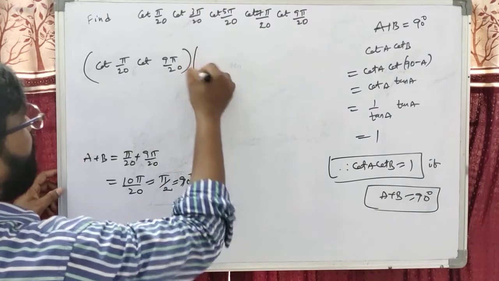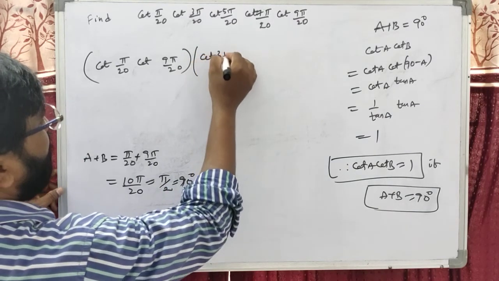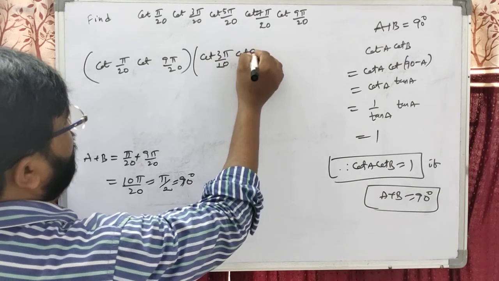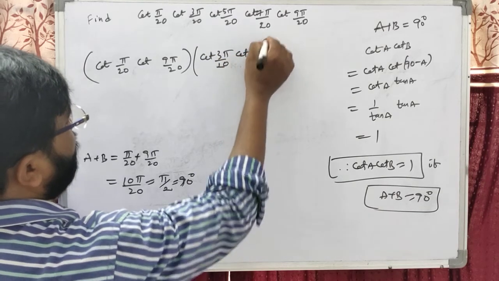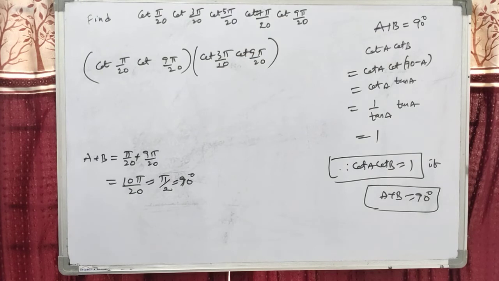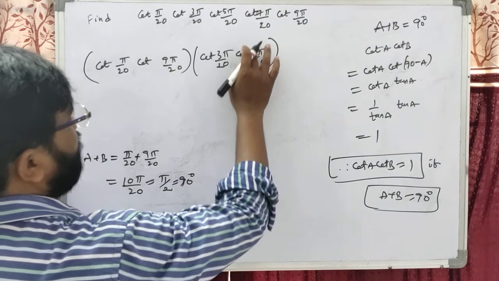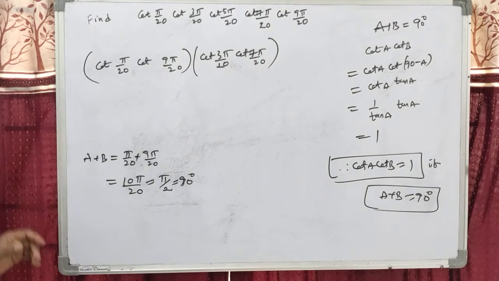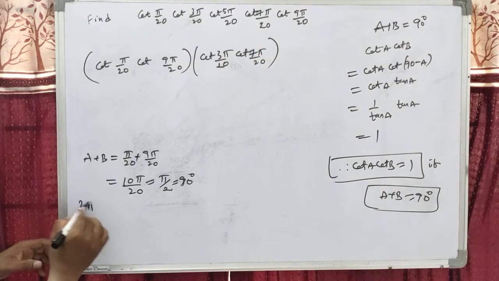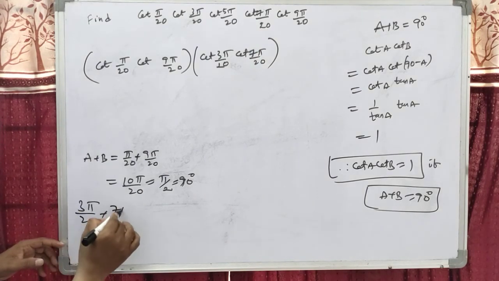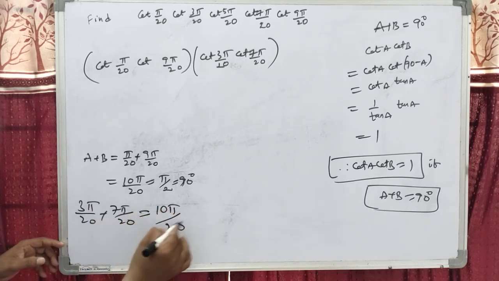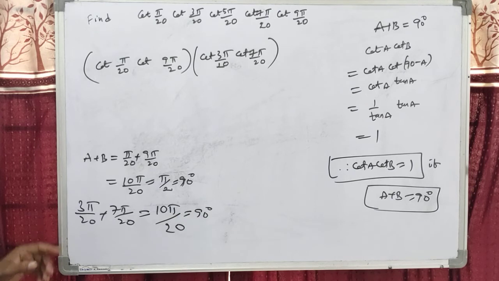Similarly, cot of 3 pi by 20 and cot of 7 pi by 20. Sorry, 3 pi by 20 plus 7 pi by 20 is also 10 pi by 20, which is 90.